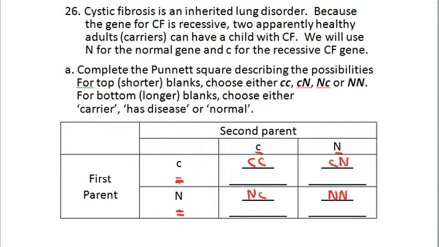Now, it says that a carrier has one normal gene and one of those recessive genes. So you can look through here and you can see that this would be a carrier, and this would be a carrier.